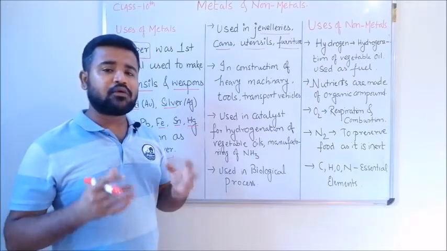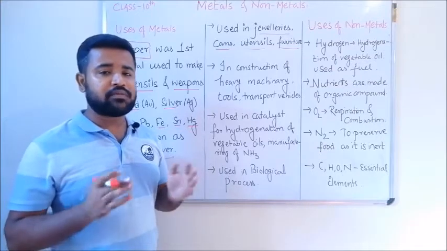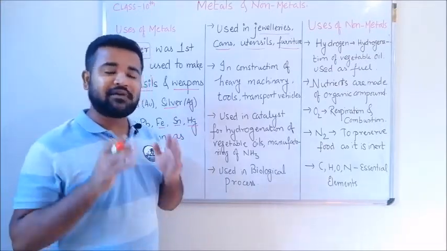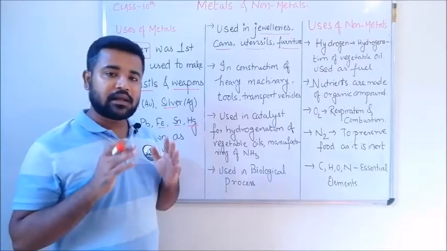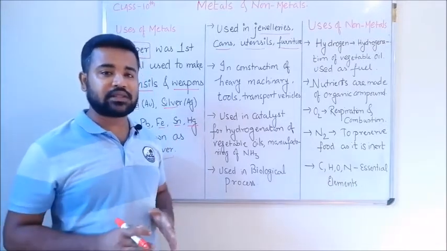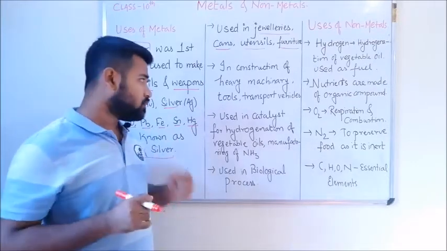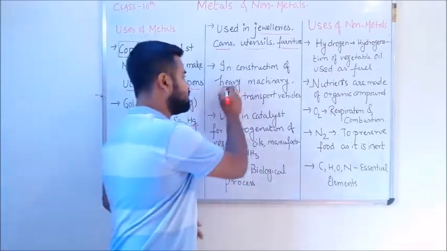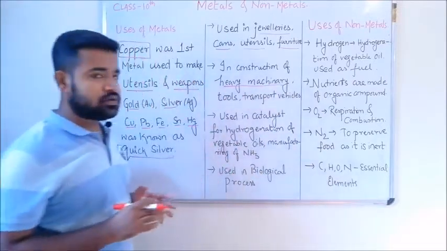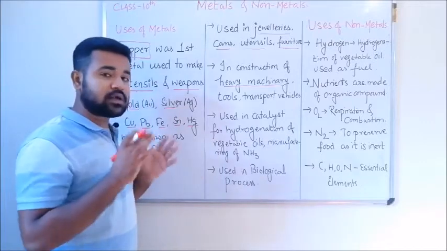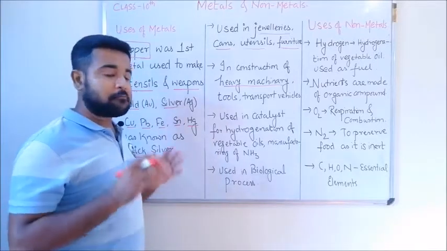No, it cannot, it will break down. That's why we use metals, because metals are very hard and have high tensile strength. That's why heavy machineries are made by the use of metals.